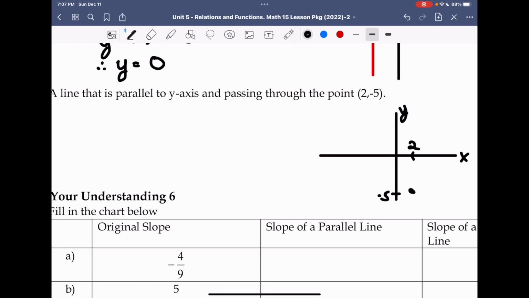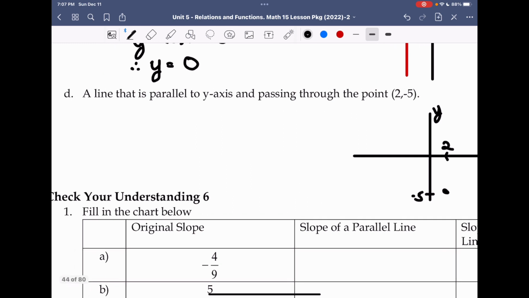And they say we have a line that is parallel to the y-axis and passing through this point, meaning if I'm thinking about the y-axis and I draw that in red, it is an undefined vertical slope. And furthermore, if I have a line that's parallel to that, it must be a vertical line passing through that given point down here, which was 2, -5.